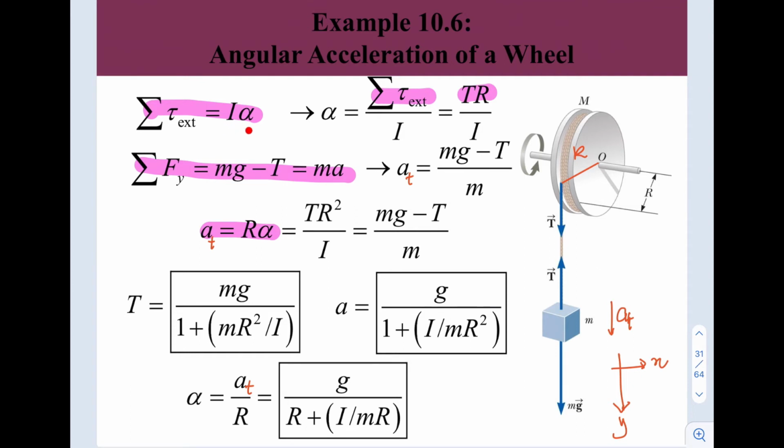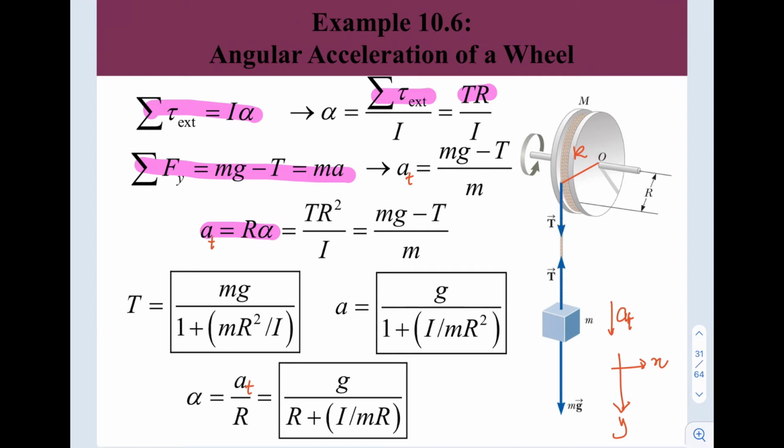So we are going to use sum of torque external equivalent to I alpha and also analyze the sum of Fy equivalent to MA. From sum of torque equivalent to I alpha, we want to figure out that alpha itself must be the torque external over the I. So torque external is coming due to the tension. The tension is the one that is going to rotate the disc, isn't it?